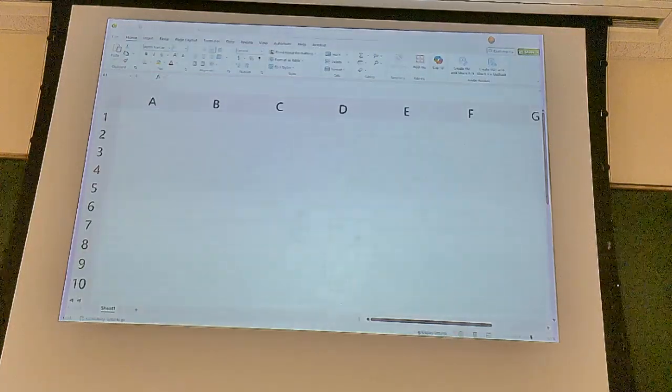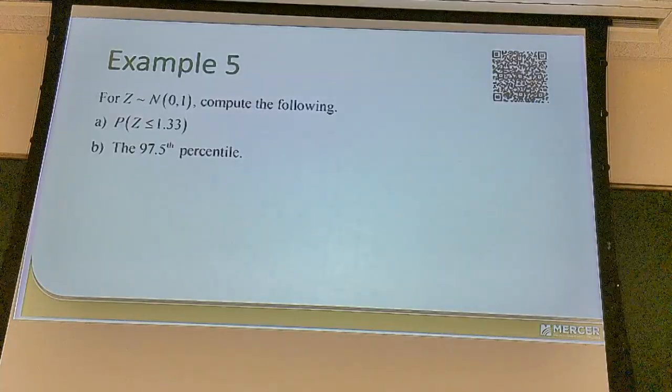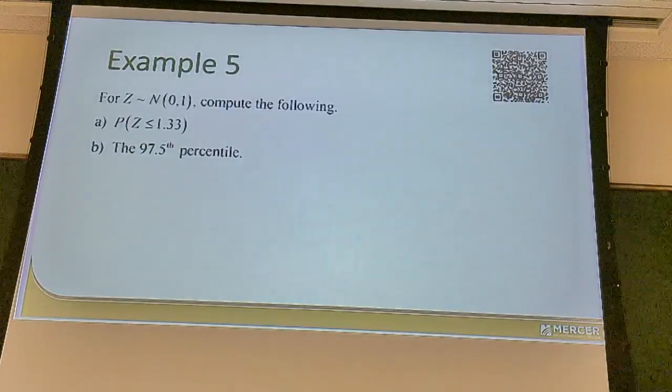Let's quickly take a look at what they're asking. Standard normal, find first the probability that Z is less than or equal to 1.33.